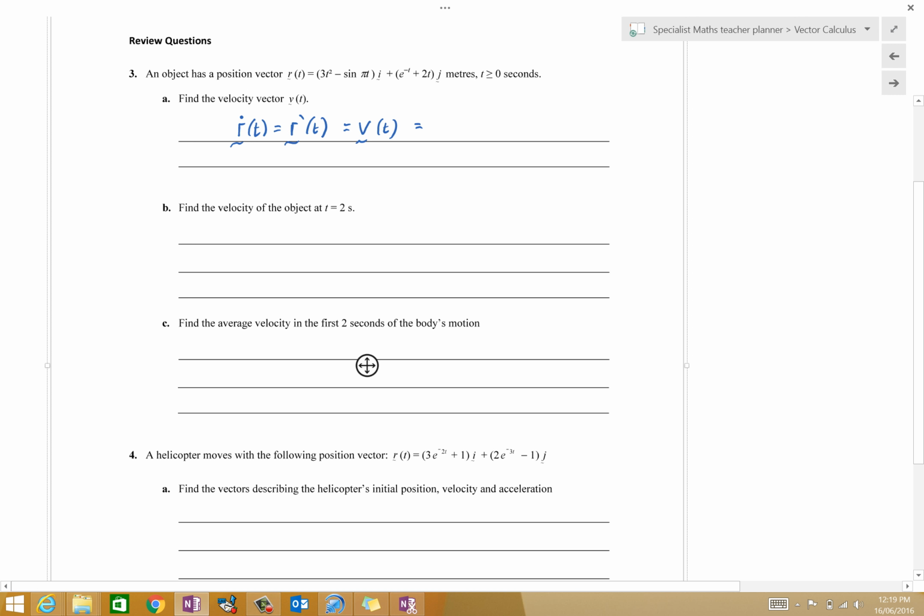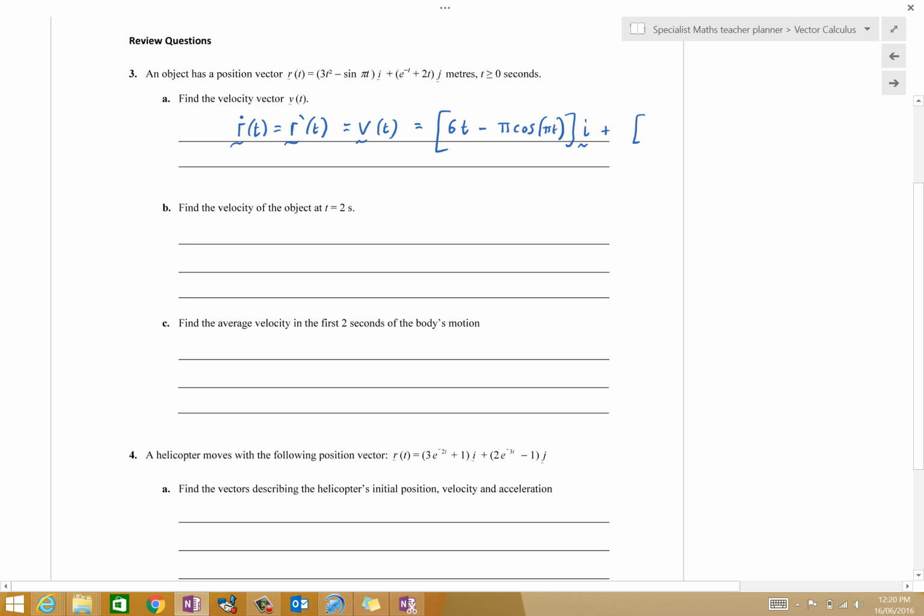Now, we're deriving that with respect to time, so therefore we can say that the velocity as a function of time as a vector is equal to, just deriving that, 6t minus pi cos of pi t i, plus, and I'm deriving that minus t, so the derivative of minus t is minus 1.